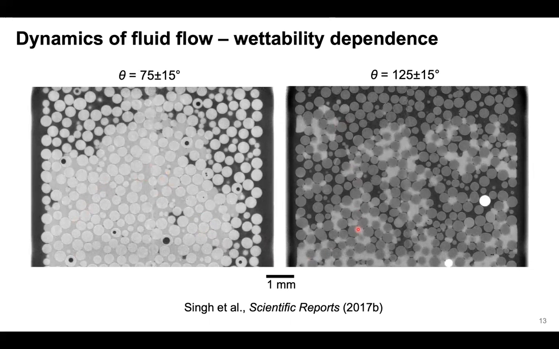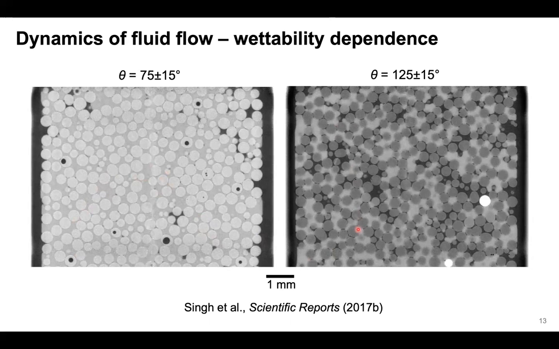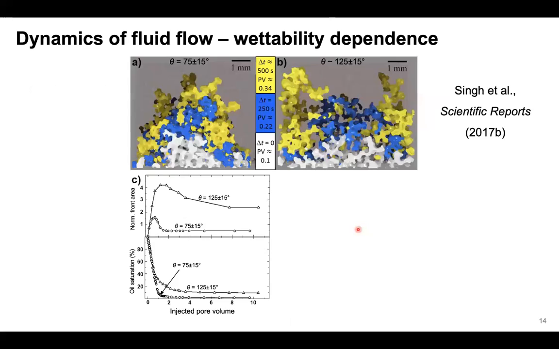And here we got more ramified or finger formation in the front, dependent on the contact angle. And this is similar in 3D. What you see here, different colors, show different time steps of water injection. Only water is shown, but different time steps. And at 75 degrees and 125, we see a compact front.